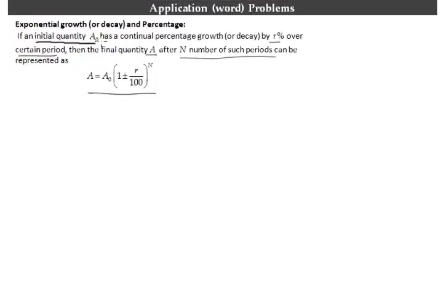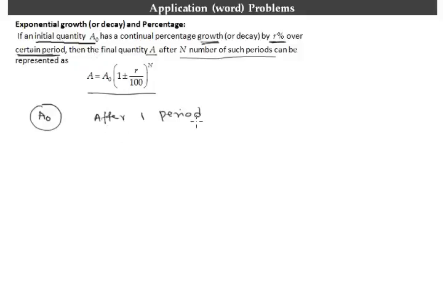Okay, so the initial quantity is A0. Let us first consider R% growth over a period. This period can be 1 hour, 1 year, 1 decade, 1 century, 1 month, many things.